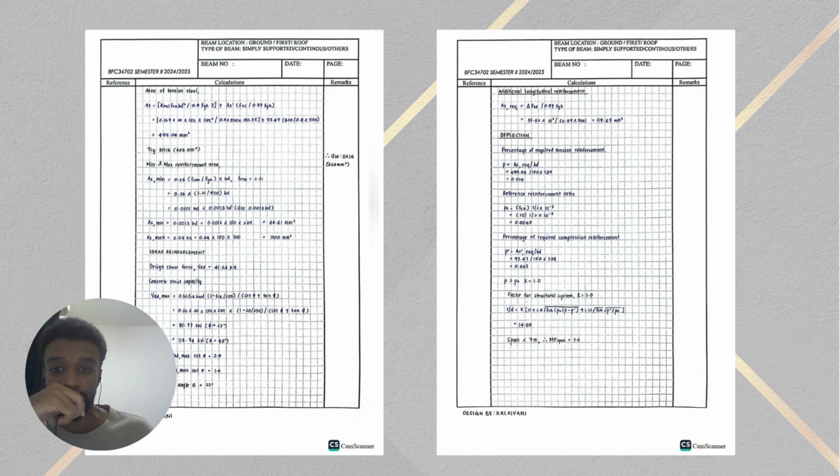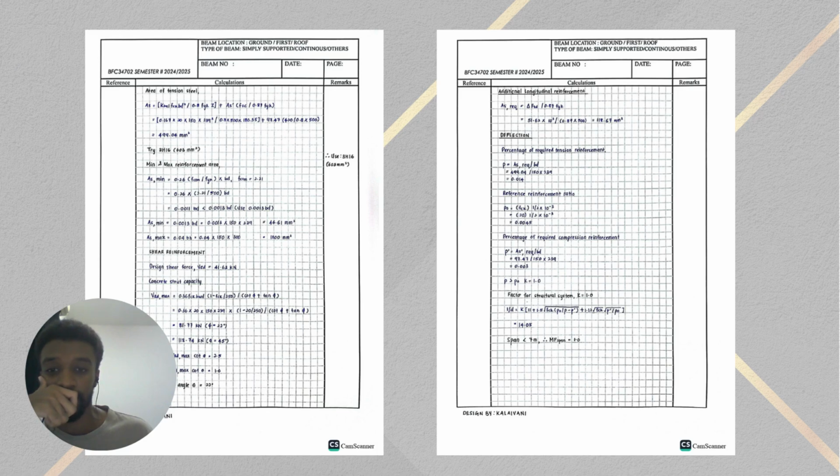The next step is to determine the shear reinforcement. The design shear force, VEd, is equal to 41.68 kilonewton, and the concrete capacity is calculated to check the adequacy. The final strut angle is 29 degrees, and after that I will move on to the longitudinal reinforcement.